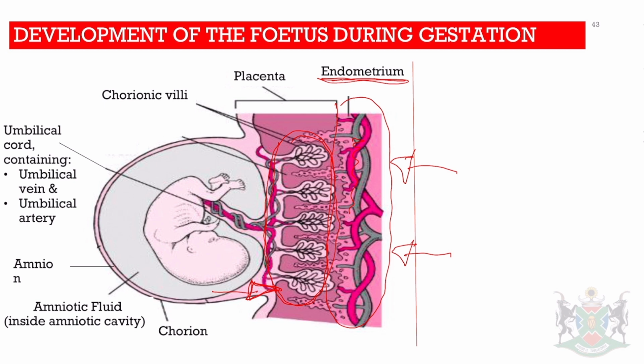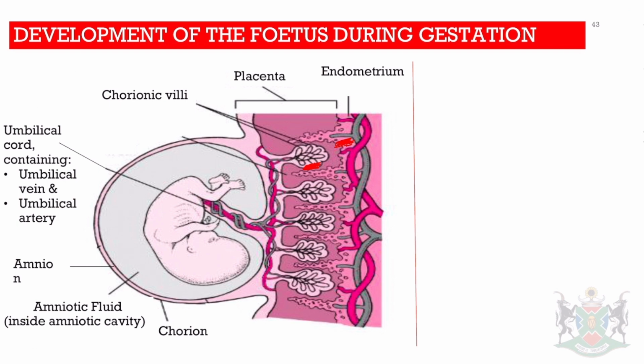Okay? What I want you to notice is that between the blood capillaries of the mother over there and the blood capillaries of the fetus in the chorionic villi, there is a space.